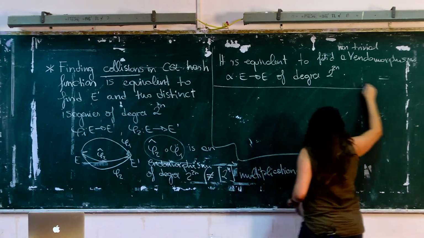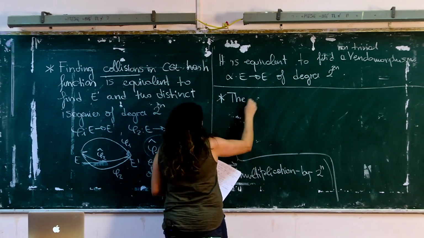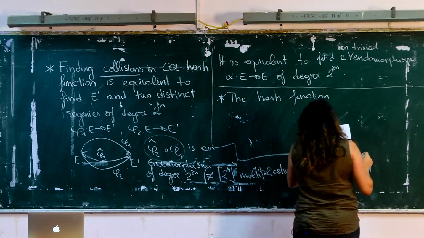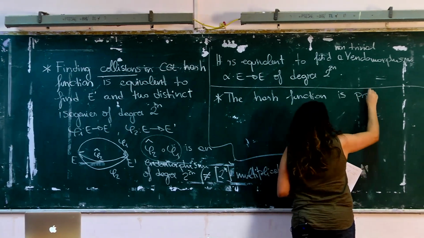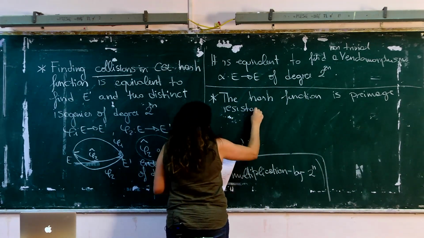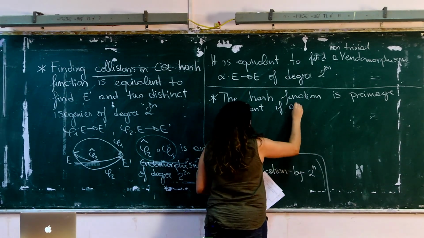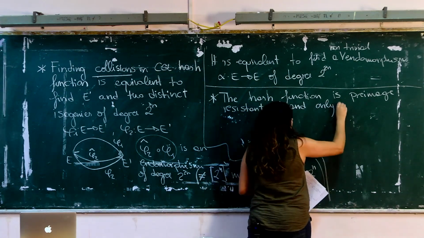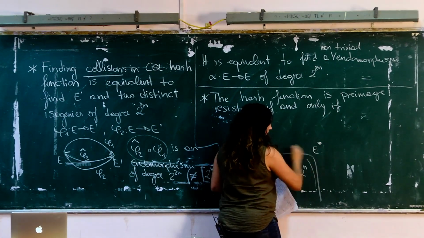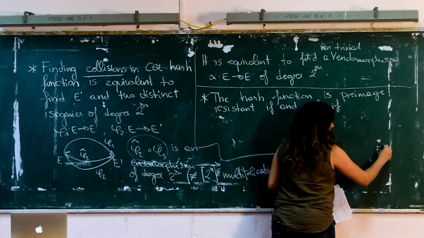What about pre-image resistance? The hash function is pre-image resistant if and only if... Our input, our starting curve, is E. Our output, imagine that we know the output, so E prime.